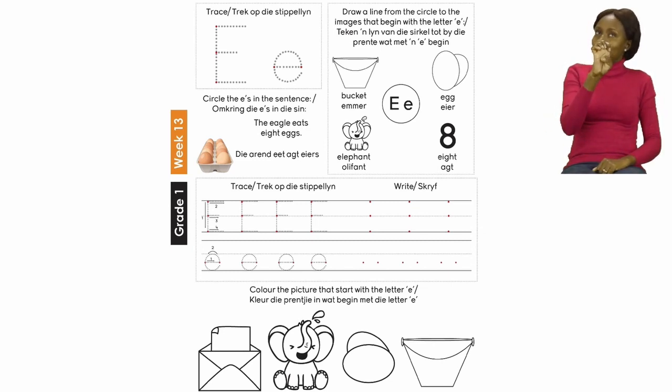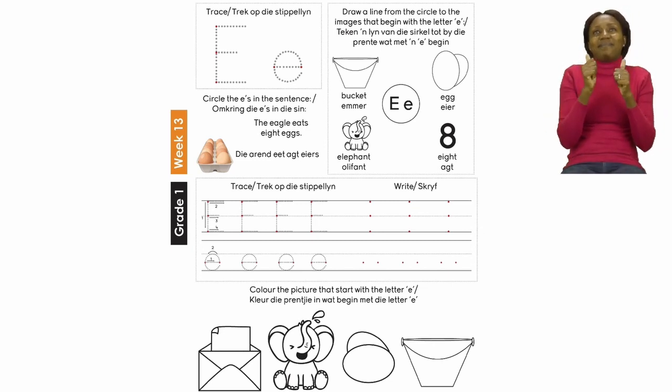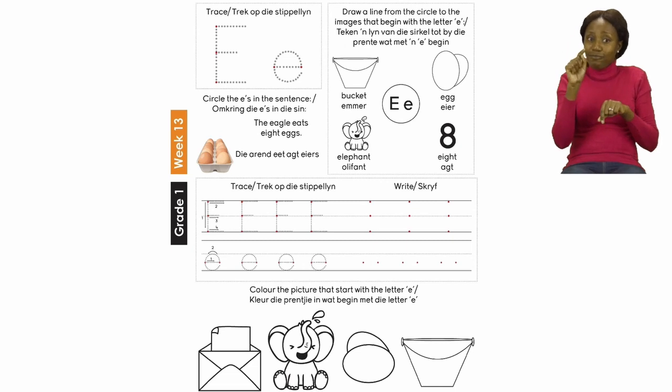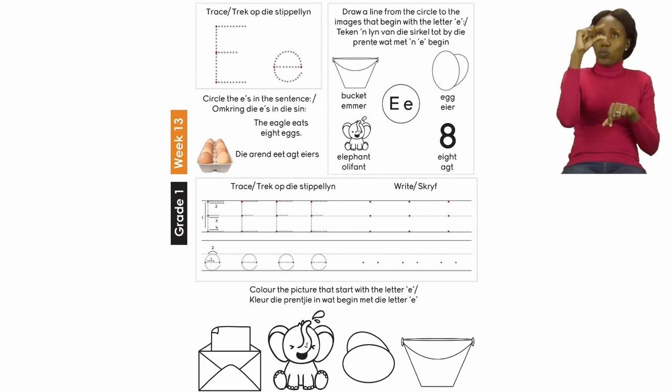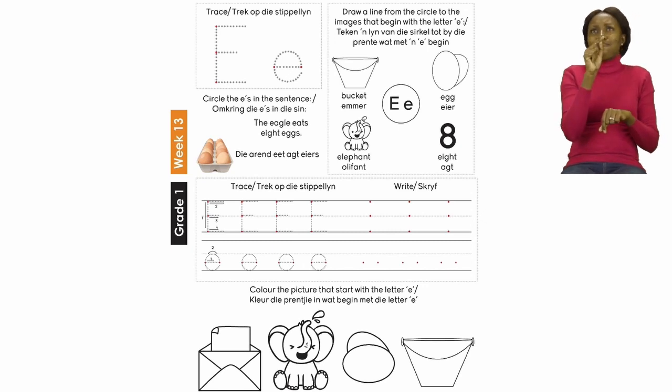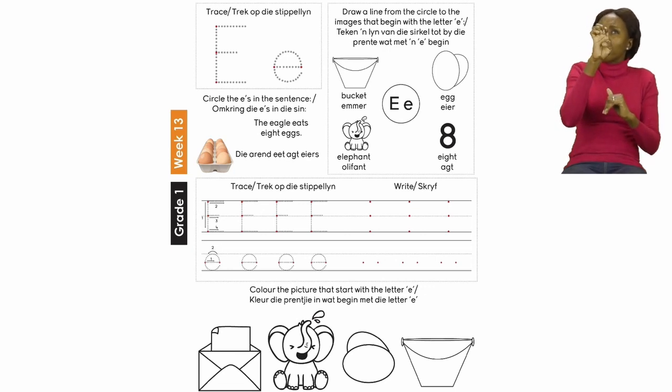Very good, everyone. So we are going to trace the letters. We have capital letter E and small letter E. We're going to do it together on the board, and then you're going to do it by yourselves. After that, I would like you to please draw a line in the next box from the circle where it has the E to the things you can see.